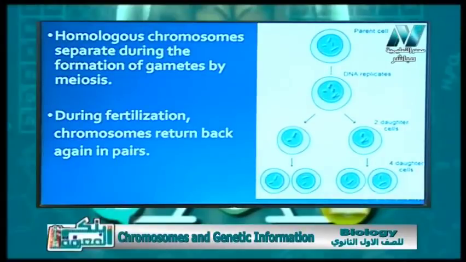You can notice that we start with 4 chromosomes, and we end up with 4 cells, and each one contains half the number of chromosomes. These are the gametes. The gametes in case of the plant are pollen grains, male gametes, and ova, female gametes. But during fertilization, the gametes containing half the number of chromosomes from each parent fuse together to restore the original number of the somatic cell.